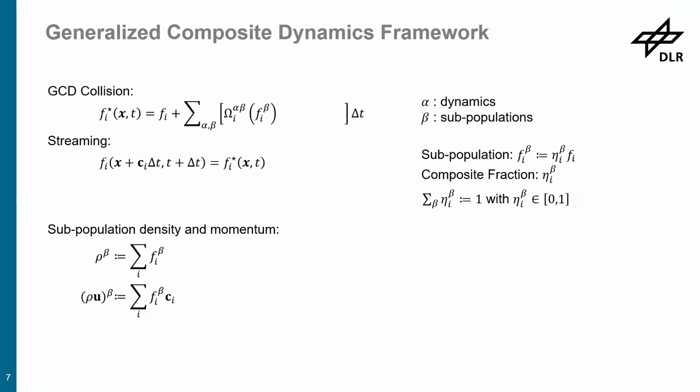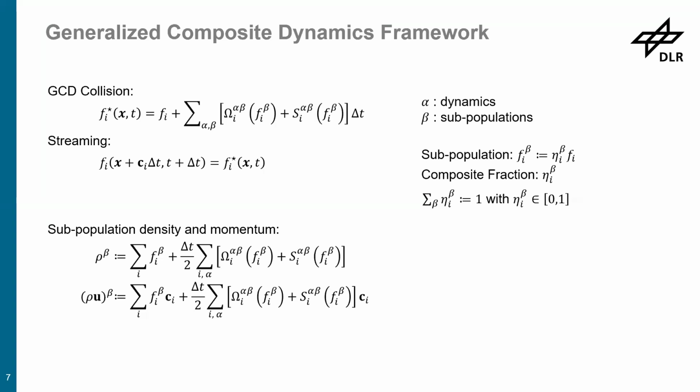In case that is not true, we actually have to consider that. And then we have these beautiful terms over there. And this becomes especially important for example for bounce back. And if we have any kind of sources due to forcing or any other schemes, then we can just add them right there. And then for the cell total, we can just add all the subpopulation momentum and densities, and then we have that defined.